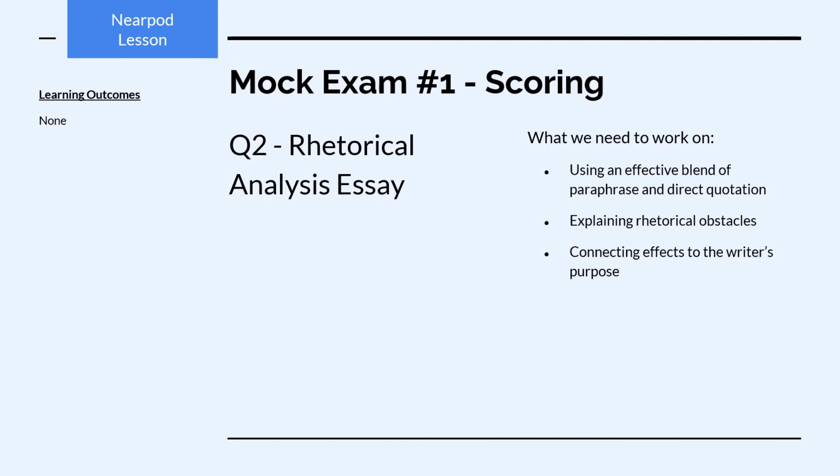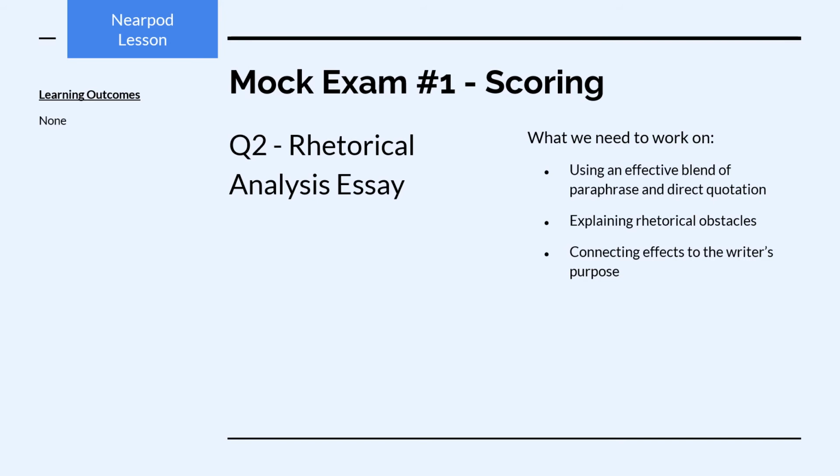Next, we need to keep working on explaining our rhetorical obstacles. This has been a big one throughout the whole year. So yes, good job finding the rhetorical obstacle, good job identifying it, but you can't really get credit for it in your analysis. It's not really helping your analysis unless you explain where it's coming from. A lot of you pointed out the social gap between Luce and her audience, but you didn't really explain where that social gap came from.